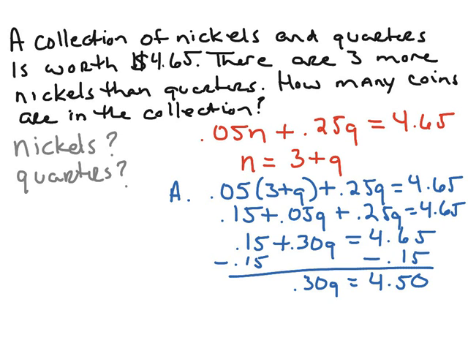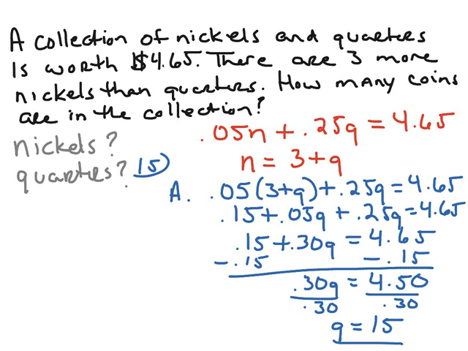At this point, all that's left for me to do is divide by 0.30. When I divide $4.50 by 0.30, I end up with 15. Therefore, the number of quarters is equal to 15.